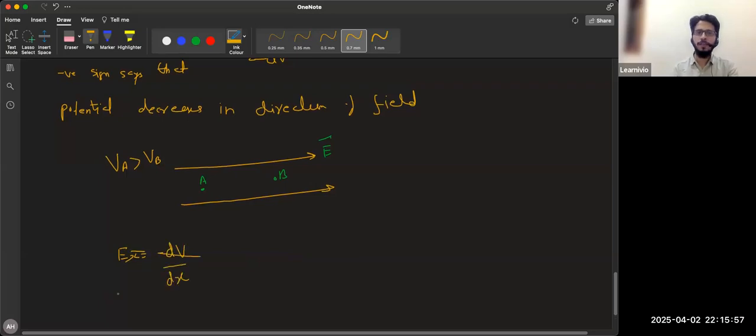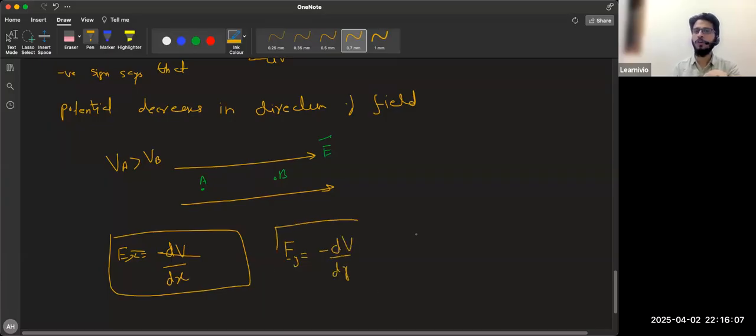Or you can say that if potential changes along x-axis, then you will get x component of field. If potential changes along y-axis, then you get y component of field. If potential changes along z-axis, then you will get z component of field.